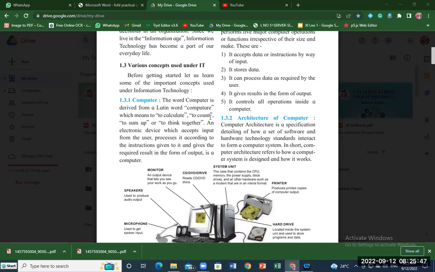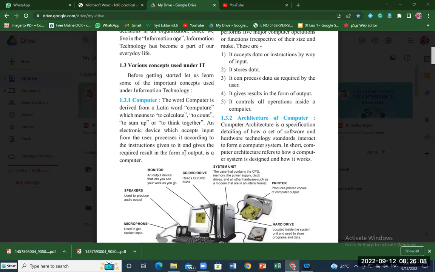Because of these keywords, the Latin word was computare, and with the help of this Latin word, the word computer has come. A computer is an electronic device which accepts input from the user, processes it according to the instructions given to it, and gives the required result in the form of output.